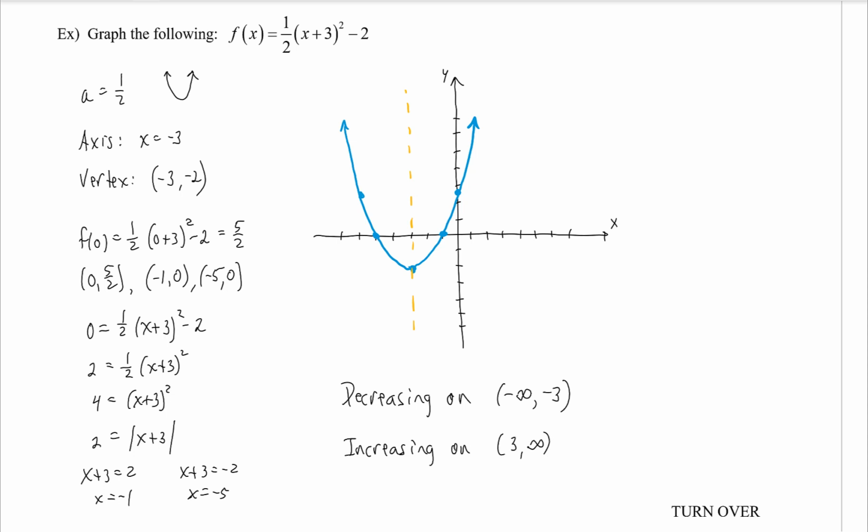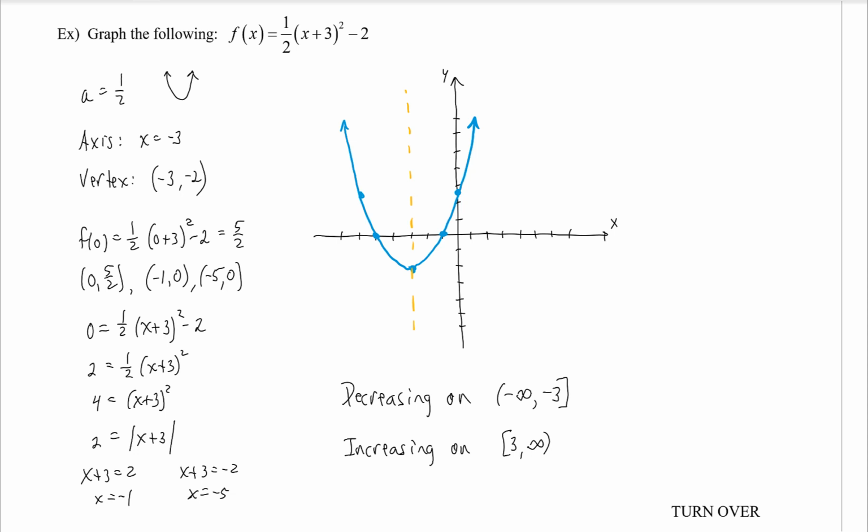And if you prefer the definition for increasing and decreasing that allows for the endpoints, -3 is in the domain, so you're allowed to put a bracket. Either one, I'm not going to complain either way. But it changes from decreasing to increasing at -3.